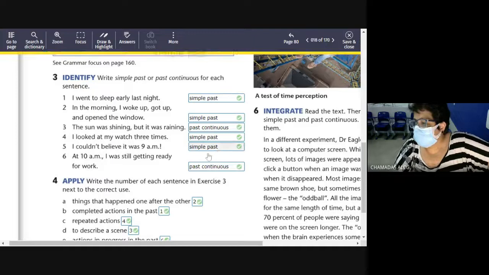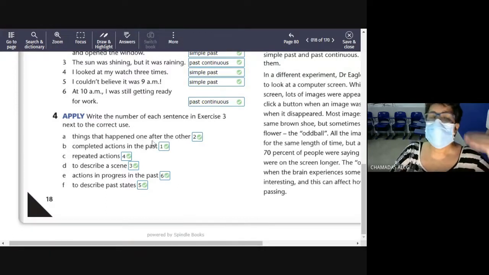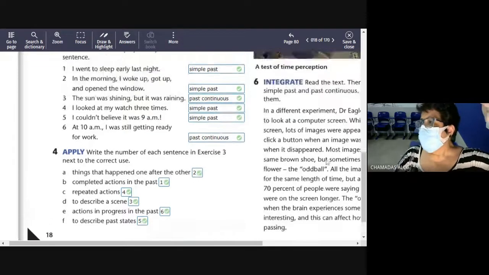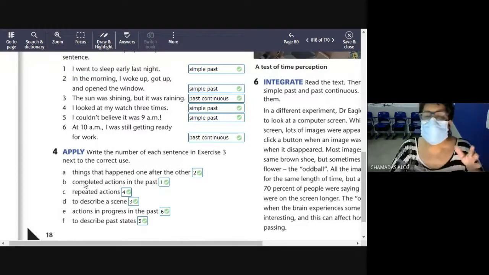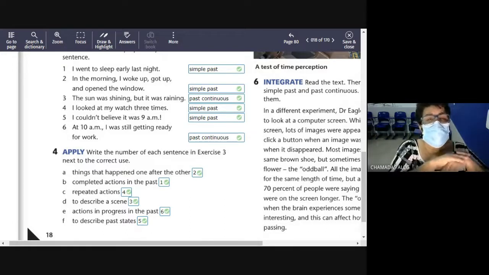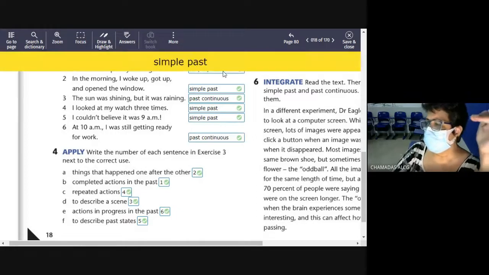All right, here we kind of discussed a little bit about the two verb tenses, okay? When we talk about things that happened one after the other, like in a sequence, we use the simple past. When we talk about completed actions in the past, actions that are over, we use the simple past again, okay?